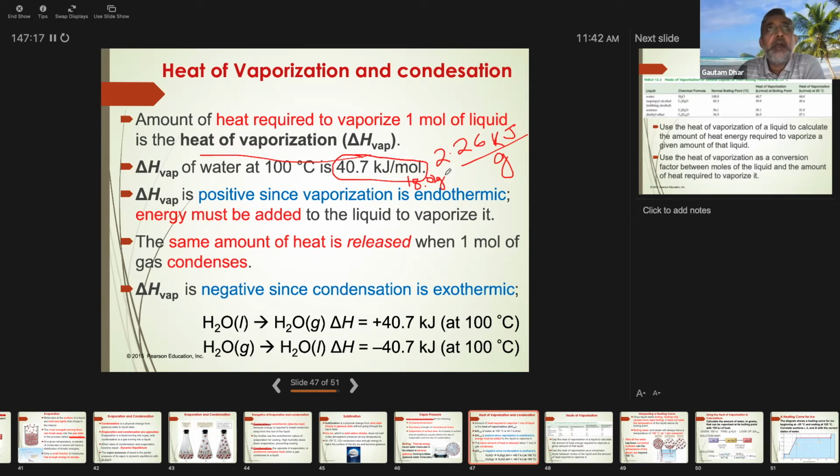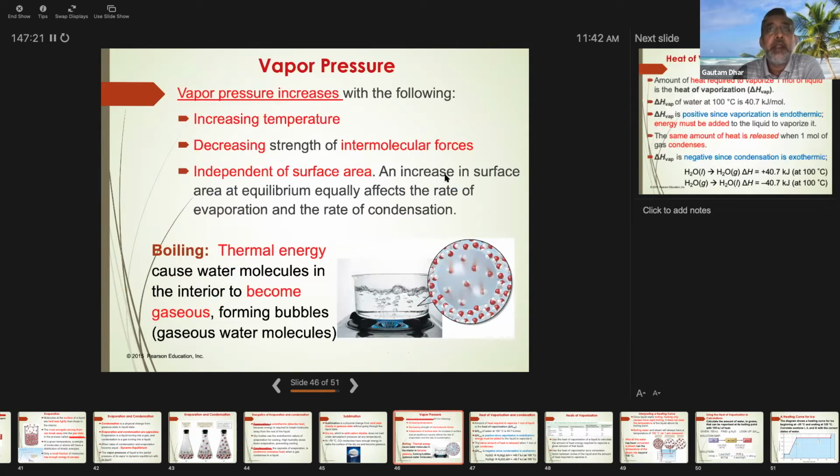Now, we'll come back to some calculations here. But before that, let's look at the boiling and vapor process. Whenever you keep a liquid, there's always some vapor accumulated on the top. The pressure exerted by that vapor is called the vapor pressure.